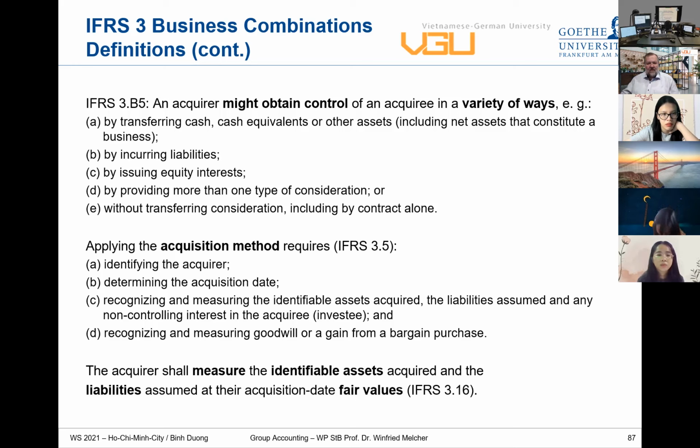But during the process of buying that company, you would of course identify that need to pay some money for laying off people and to have some money set aside for removing or disposing fixed assets that are no longer needed. So you have to also measure those identifiable assets and also liabilities at fair value.